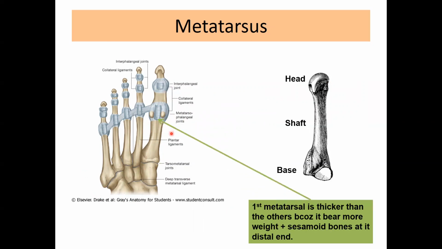The first metatarsal is thicker than the others because it bears more weight, and there are sesamoid bones attached at the distal end of it, which is the head of the first metatarsal.